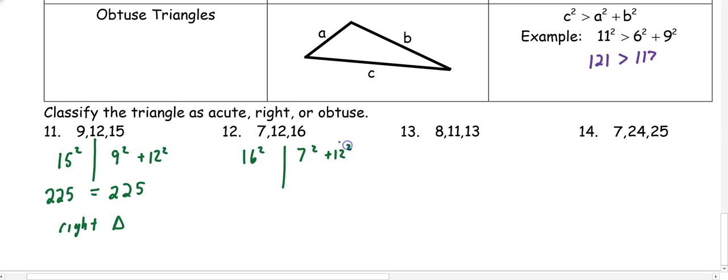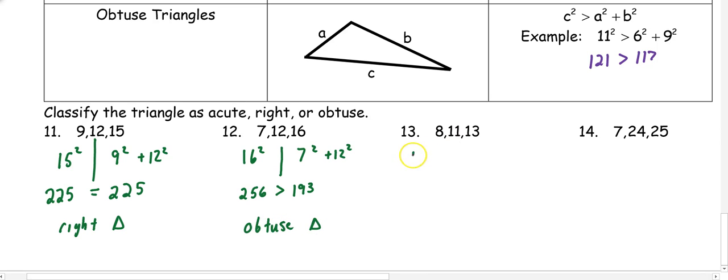So 16 squared would get us 256. And then we have 7 squared, which is 49, plus 12 squared, which is 144. It gets us 193. Well, since my hypotenuse squared is larger, this is an obtuse triangle.